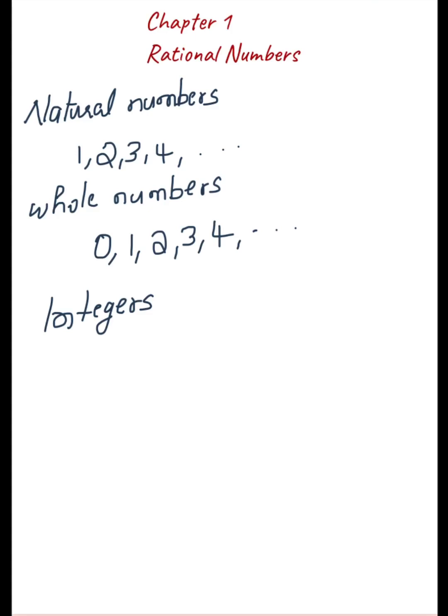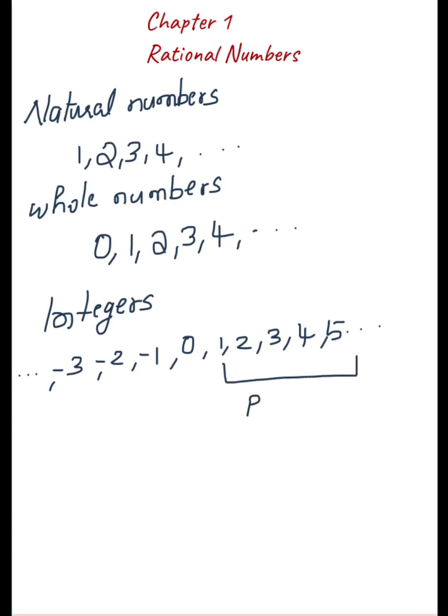In the case of integers, natural numbers will be there, that is 1, 2, 3, 4, 5, etc. And 0 will be there, and again the negatives of these natural numbers, that is -1, -2, -3, etc. Okay, so this is called integers.